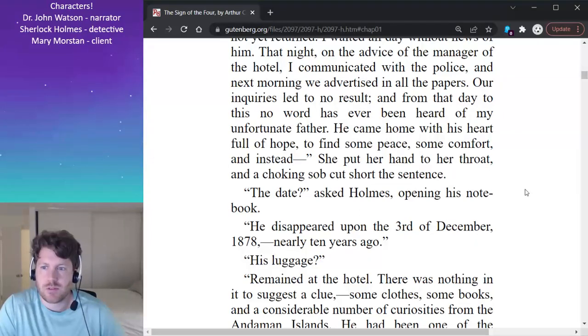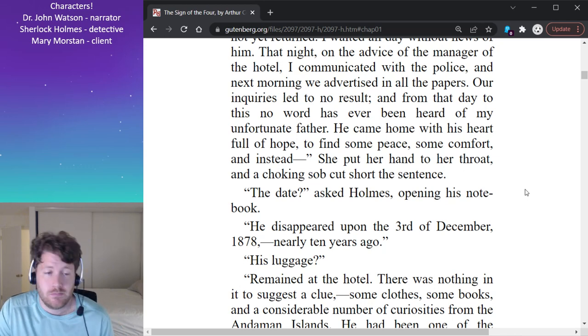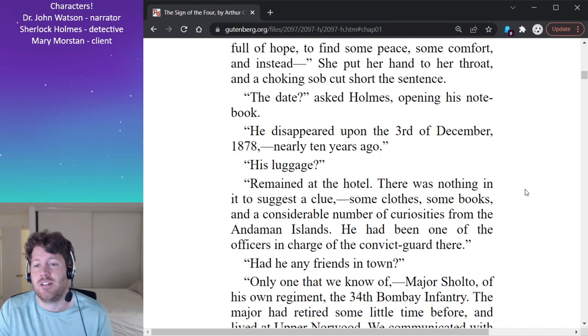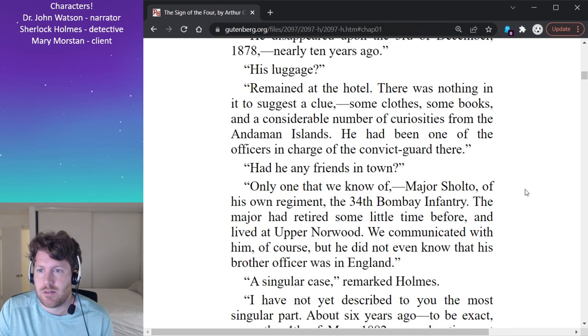"The date?" asked Holmes, opening his notebook. "He disappeared upon the 3rd of December, 1878, nearly 10 years ago. His luggage remained at the hotel. There was nothing in it to suggest a clue. Some clothes, some books, and a considerable number of curiosities from the Andaman Islands.